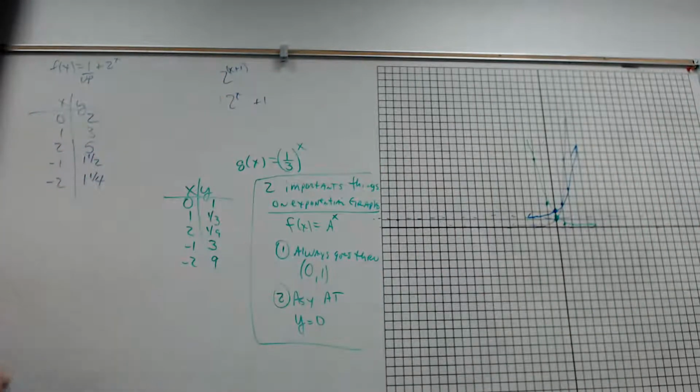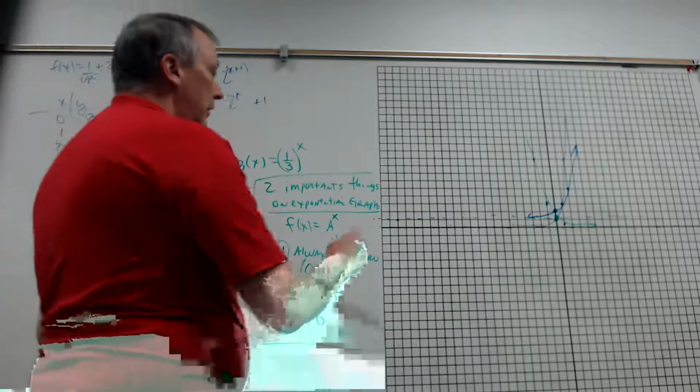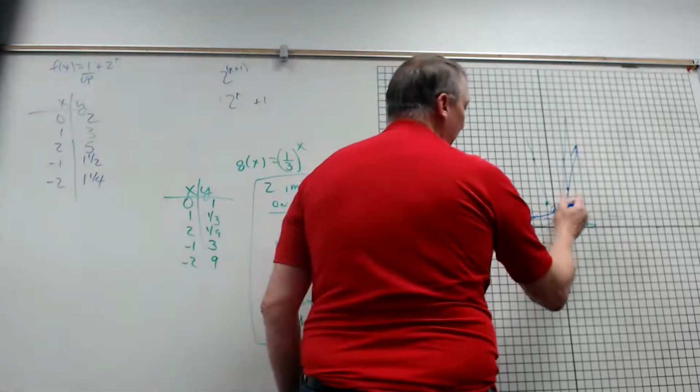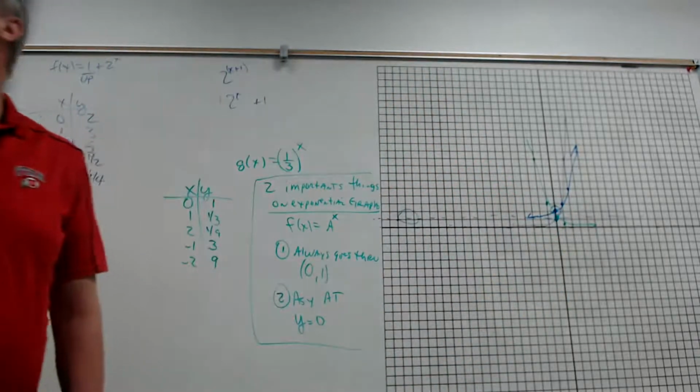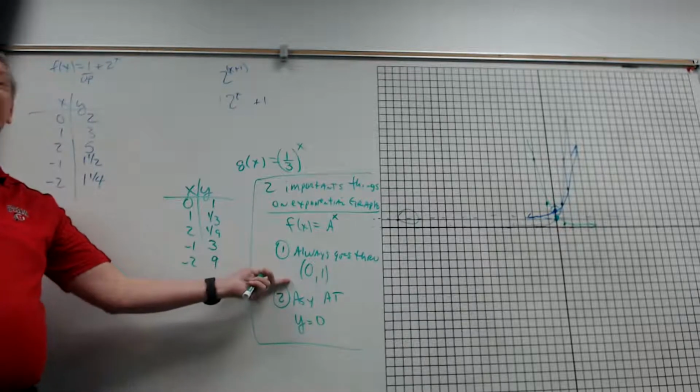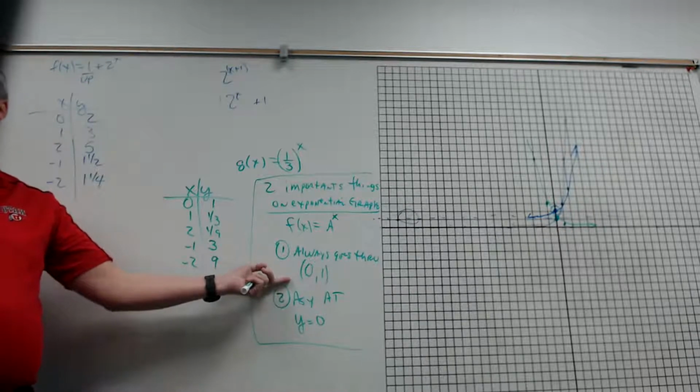Now, as far as grading on here, here's what I'm going to be most concerned about. Okay? Do you have your asymptote in the right place? Do you have the, and I don't have a fancy name for that, I always call it the important point. Okay? The important point is shifted up 1 in this case. Is that in the right place?